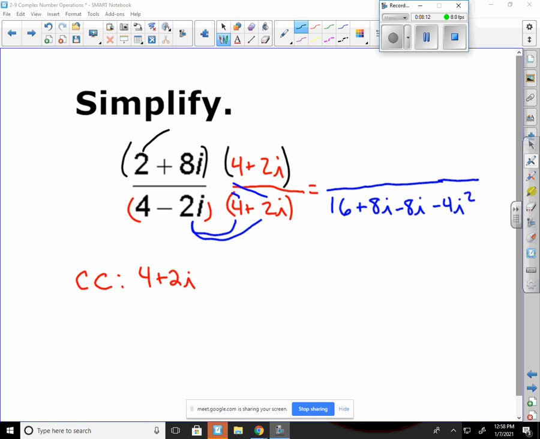So I have to do 2 times 4 and 2 times 2i, 8i times 4, and 8i times 2i. 2 times 4 gives us 8. 2 times 2i gives us plus 4i. 8i times 4 is plus 32i. 8i times 2i gives us plus 16i squared.